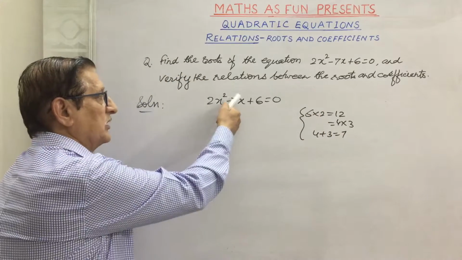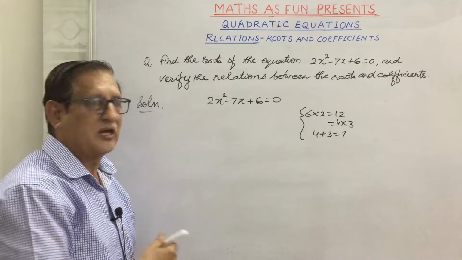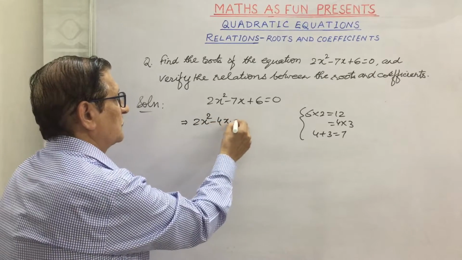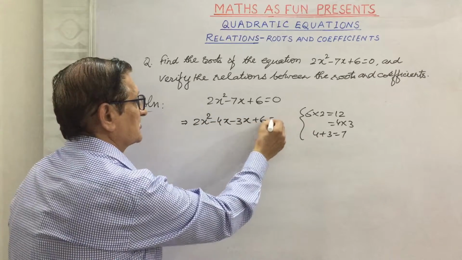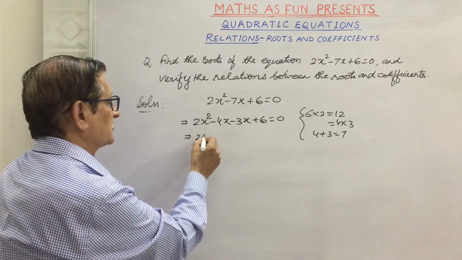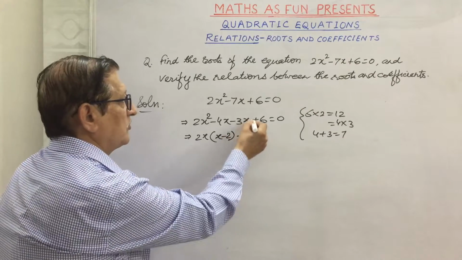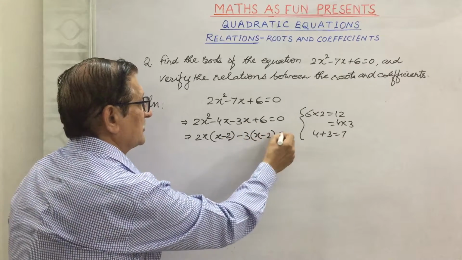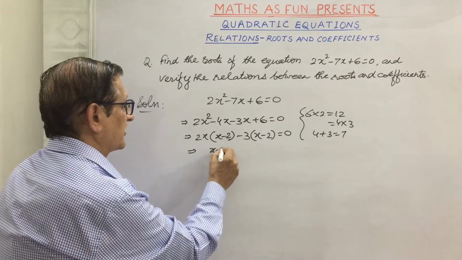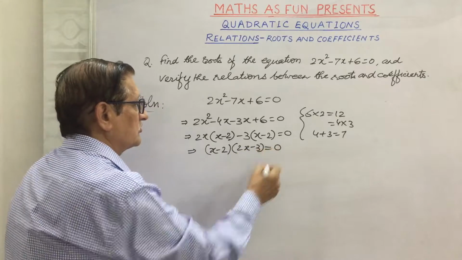It means the middle term can be split in the form of 4 plus 3, and we can write it here as 2x square minus 4x minus 3x plus 6 equal to 0. If we take 2x common from this, this will be x minus 2. Minus 3 common here, this will be x minus 2 equal to 0. It means we are getting the factors as x minus 2 into 2x minus 3 equal to 0.